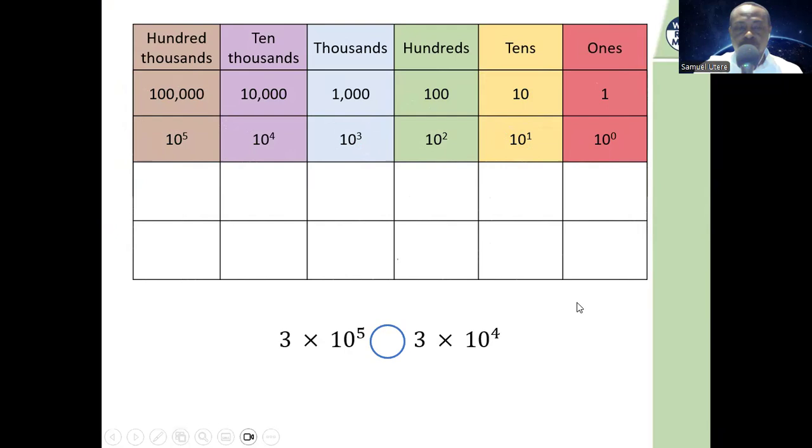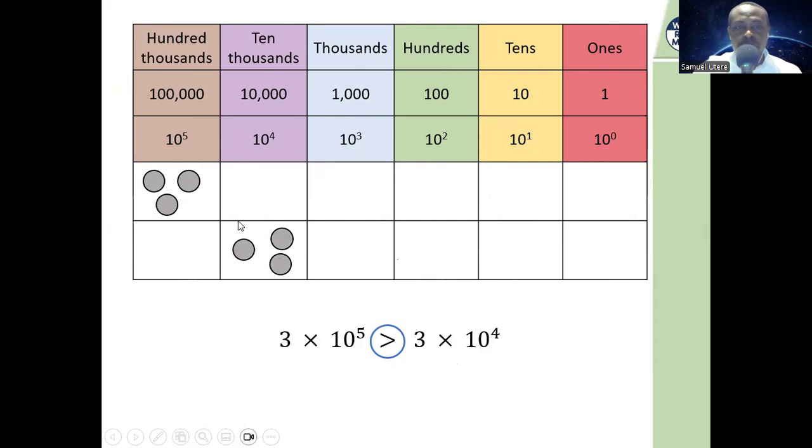So if we want to compare these two numbers, we can place counters in their appropriate place value columns before we compare them. And you can see that this, which is 3 times 10 to the power of 5, is actually greater than 3 times 10 to the power of 4. Why?